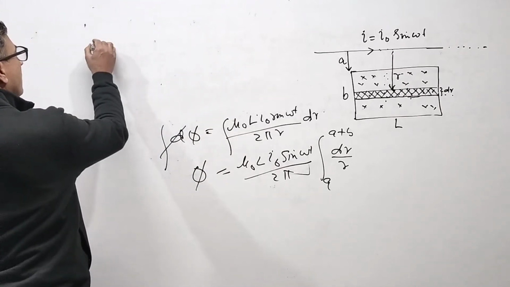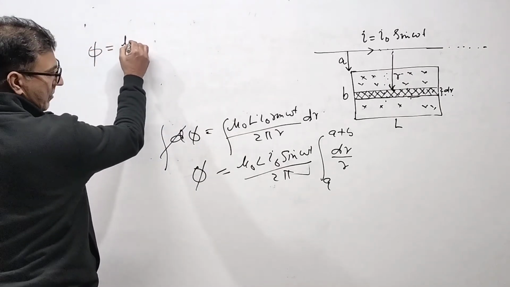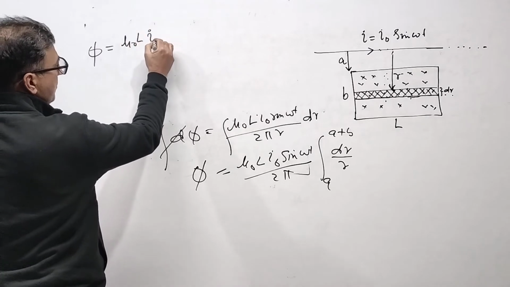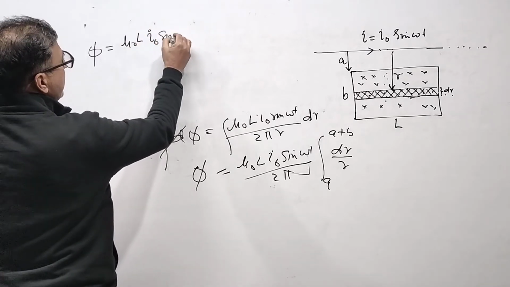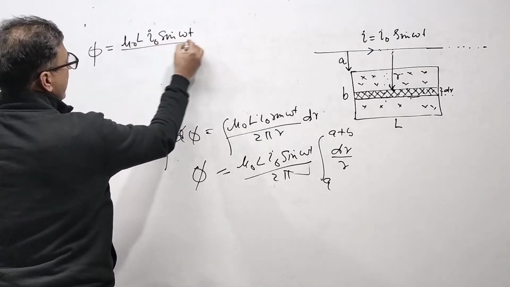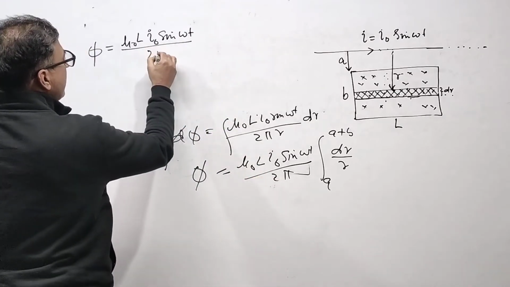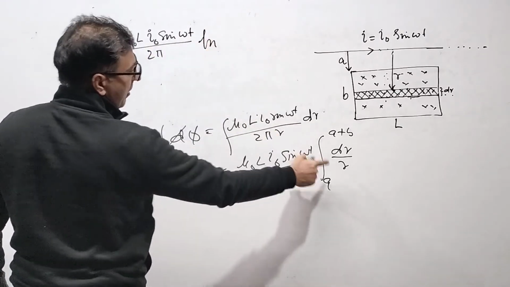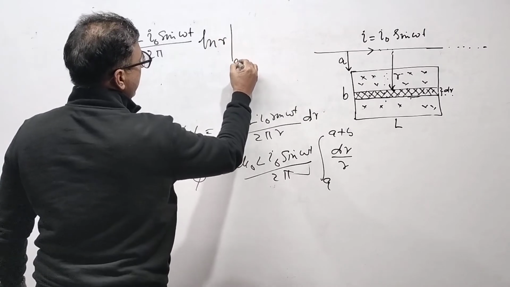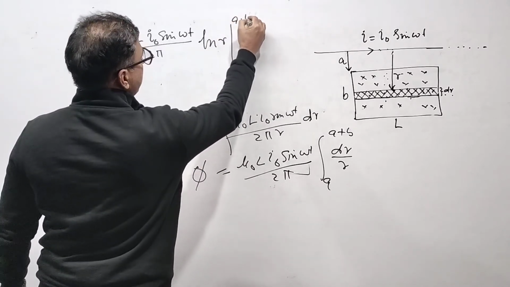So flux is equal to mu 0 L I0, maximum current, sine omega t, whole divided by 2 pi, ln of r from a to a plus b.